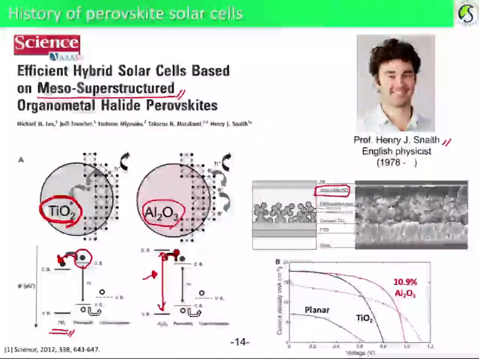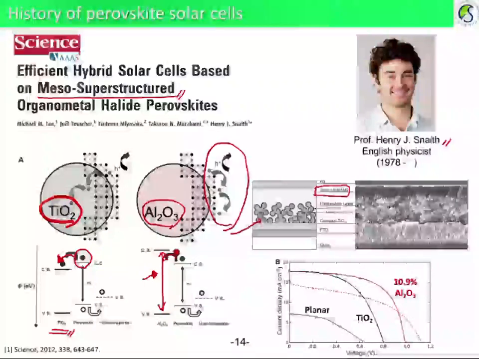So although he used aluminum oxide, which is the insulating material, he insists that perovskite itself has the capability to transport the charge through its crystal layer. So charge can be transported through the perovskite layer to the electrode.